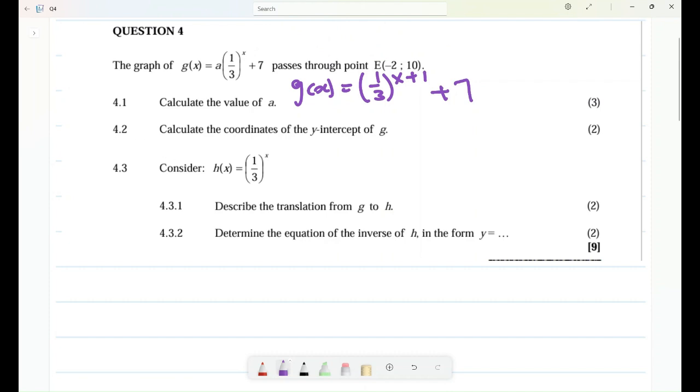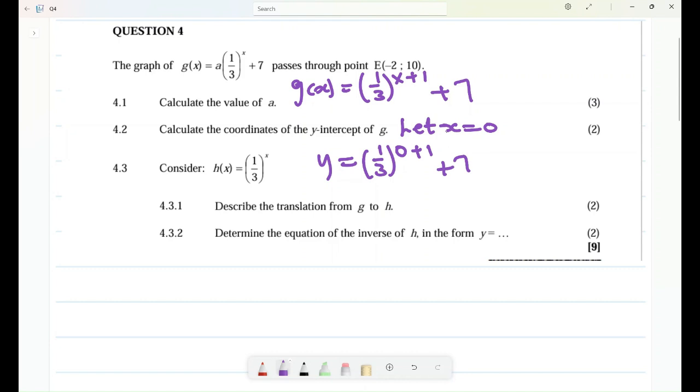4.2 says calculate the coordinate of the y-intercept of g. Remember, for the y-intercept, you let x equal to 0. So it's going to be y equals, you can use this equation, 1 over 3 to the power of 0 plus 1, plus 7.